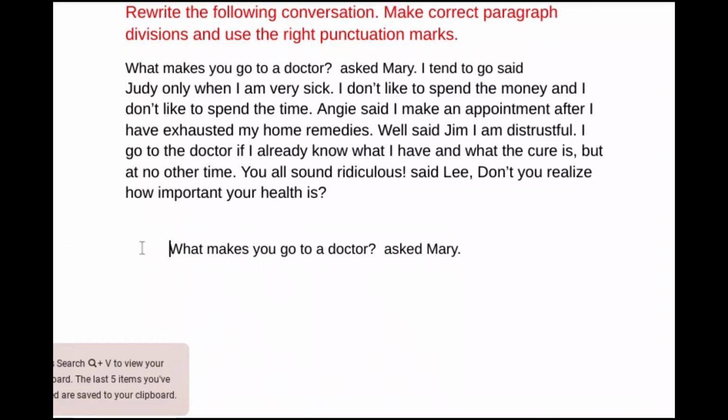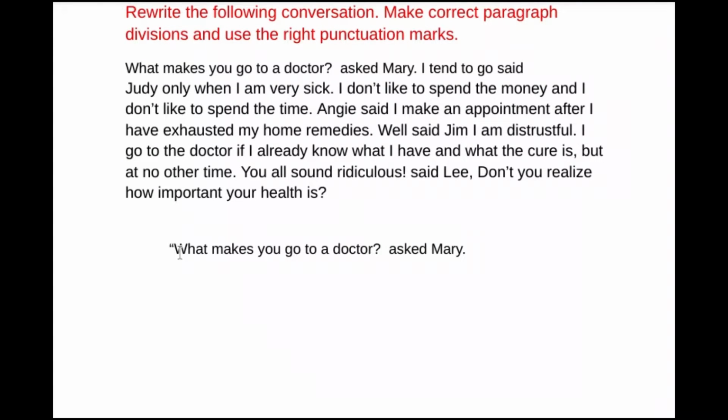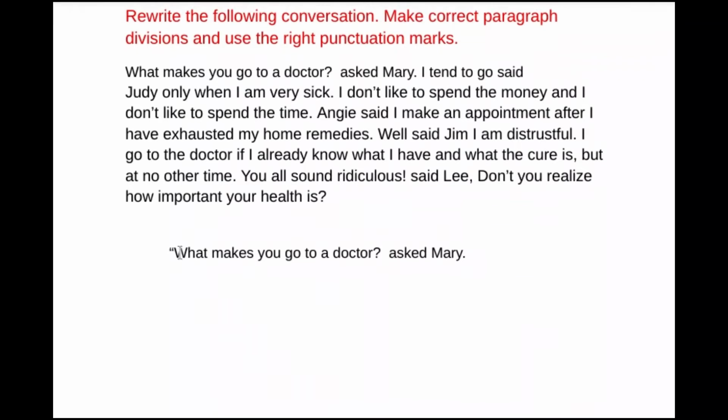To indent means to leave a space away from the margin. It's Mary's first words, so I have a capital letter. I'm going to use my quotation marks. I want to increase the size of my quotation marks so that you can see it. What makes you go to a doctor?